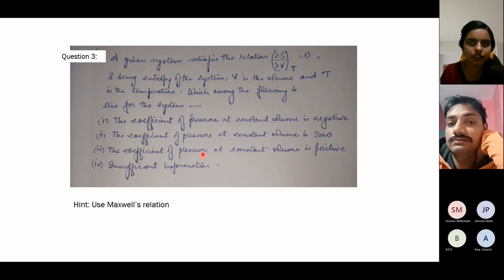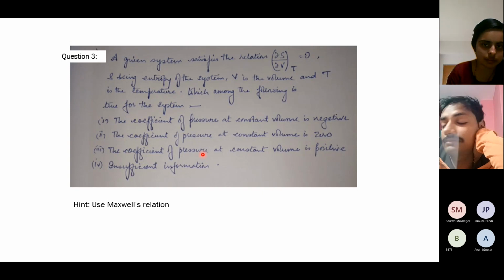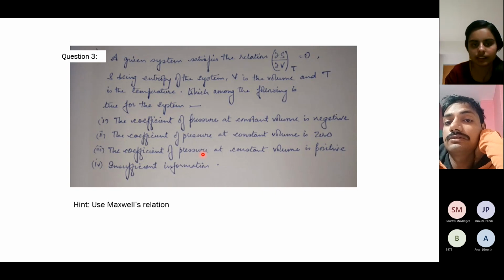If you know the Maxwell's relation, you can just directly sort it out. Del S del V at constant temperature is equal to, as you just said, del P del T at constant volume. And so if one is zero, the other is also supposed to be zero. So the answer is B, correct.